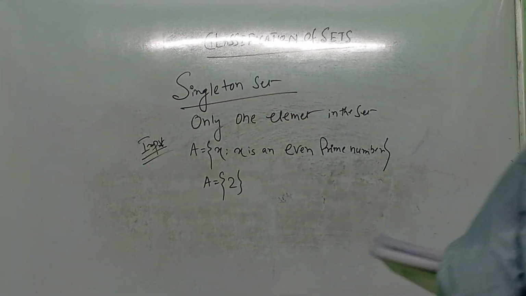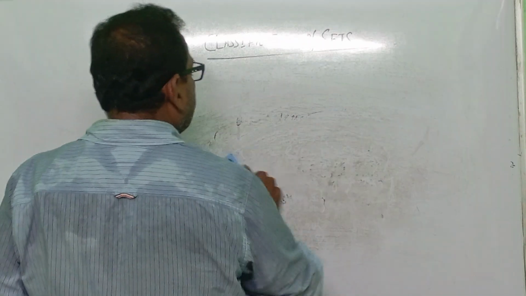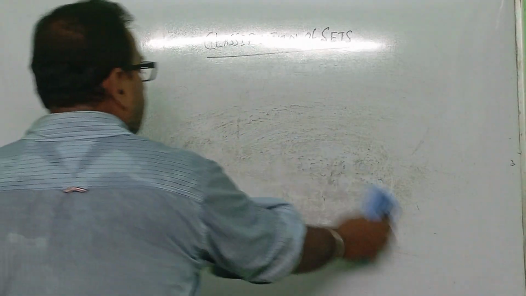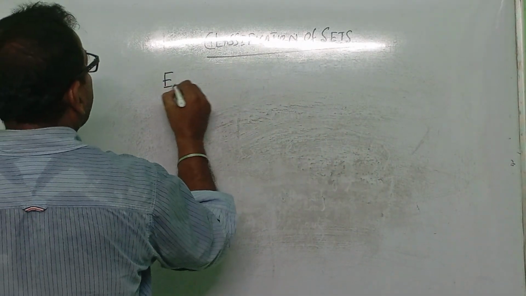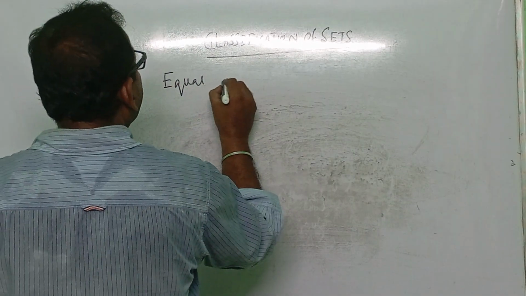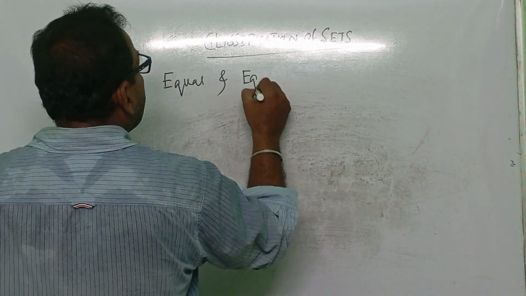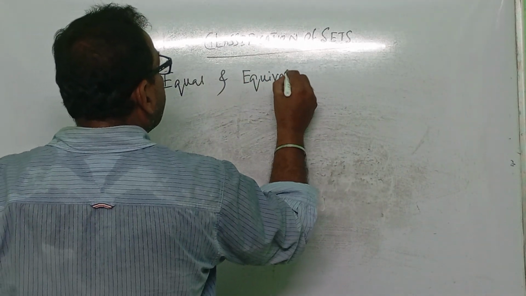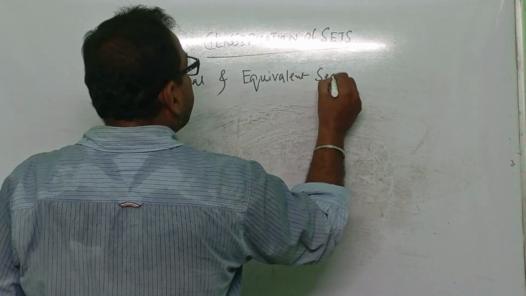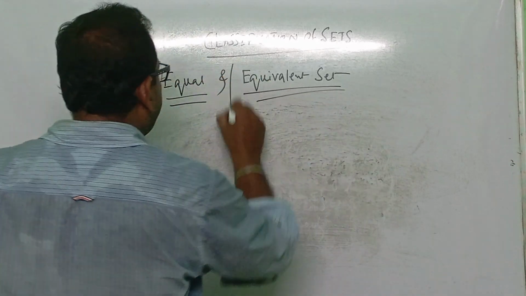Now, equal and equivalent sets. One term is equal, another is called equivalent.